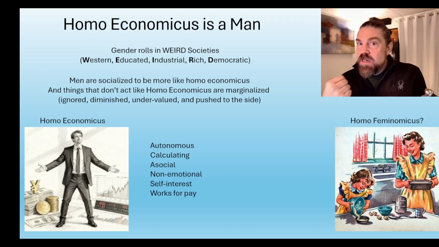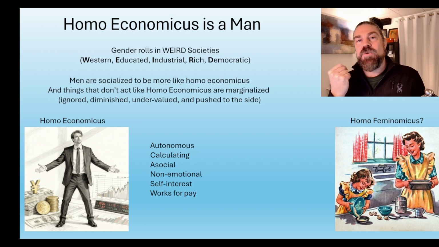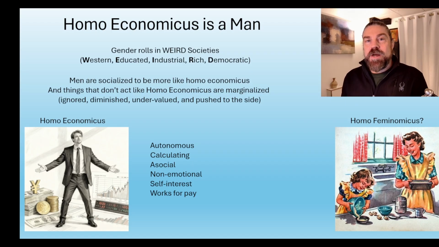They're supposed to be autonomous, self-reliant, calculating, that's Homo economicus, right? Asocial, they're less social. They don't have social bonds as much. They're not emotional, that is, they're rational, not emotional. They're self-interested, and they work for money. That's why they work. So this is Homo economicus, but it's also how we've written men and conceptualized men to be in our society.